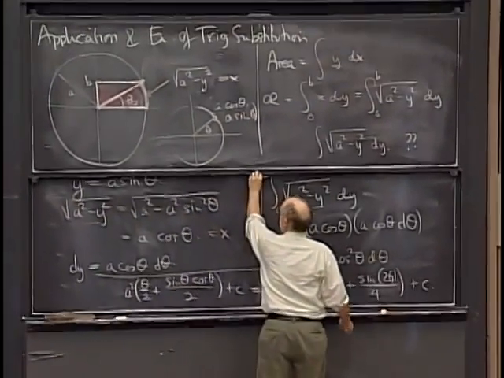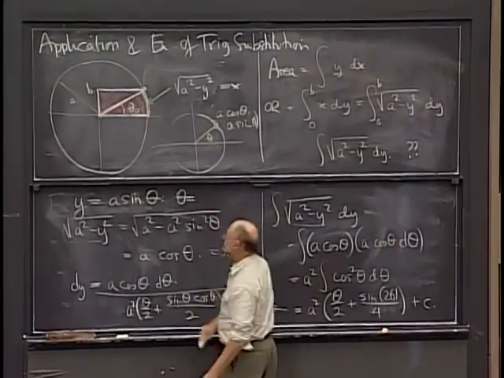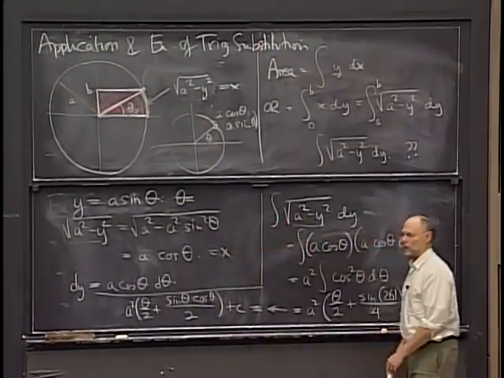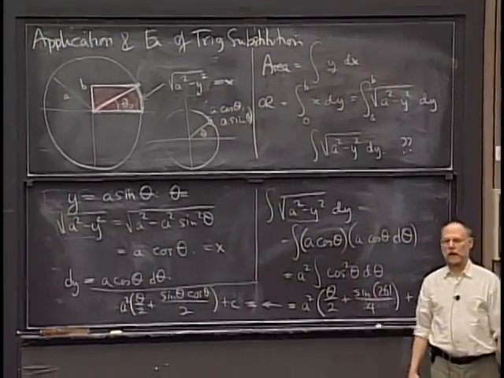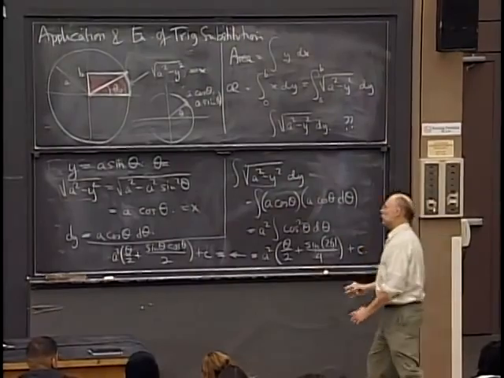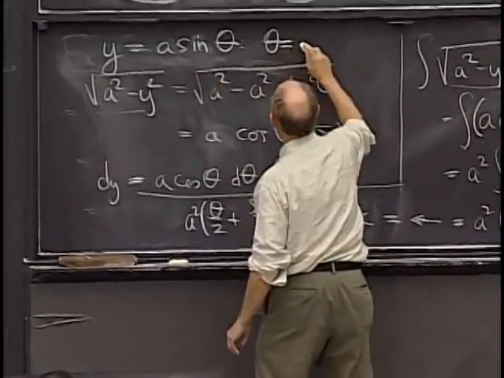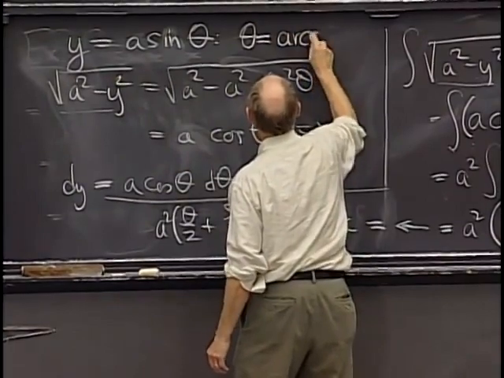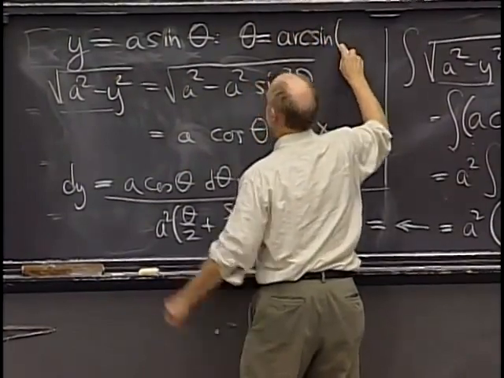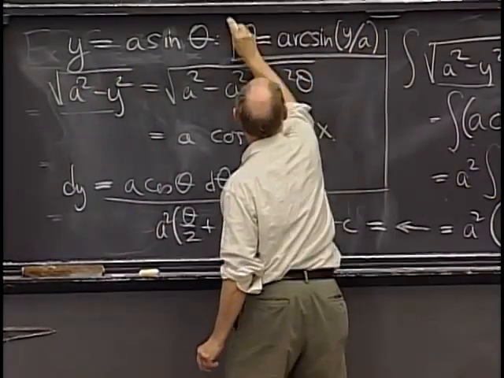Let's see. y in terms of theta was given like this. So what is theta in terms of y? Here the fearsome arc sine rears its head, right? Theta is the angle so that y equals a sine of theta. So that means that theta is the arc sine, or sine inverse, of y divided by a.